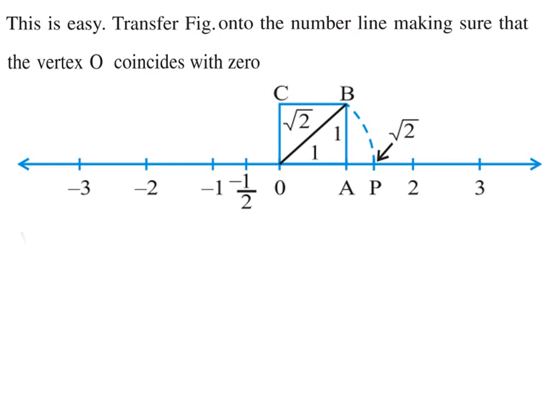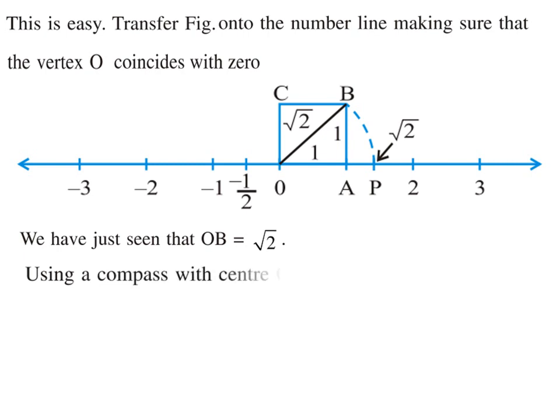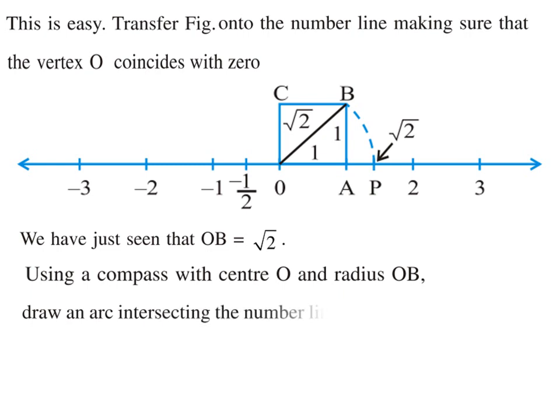First of all, we have just seen that OB is equal to root 2 by the calculation. Now, using a compass with the center O and the radius OB, draw an arc intersecting the number line at the point P. I am showing you in the video how you can draw it.